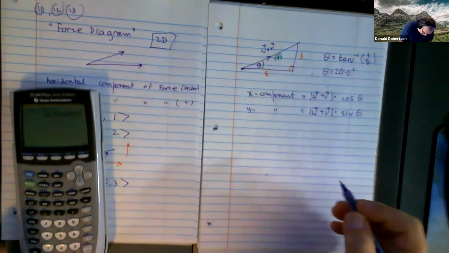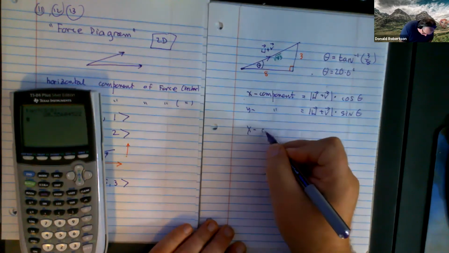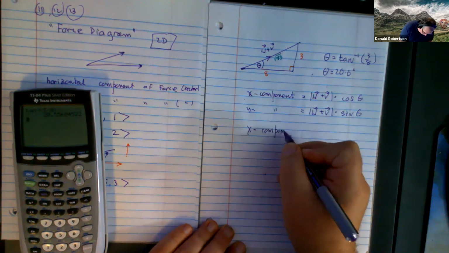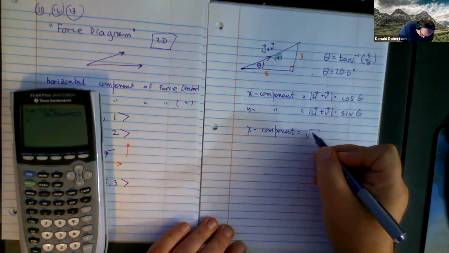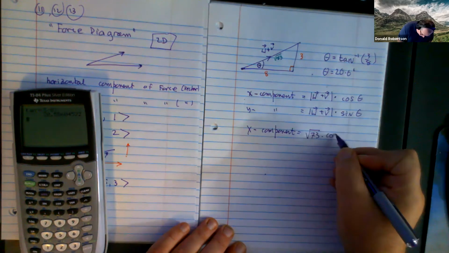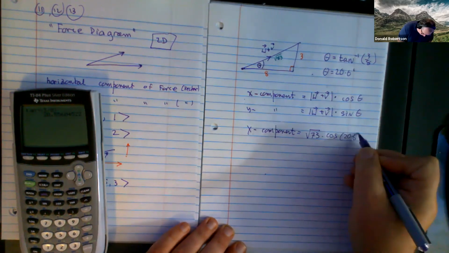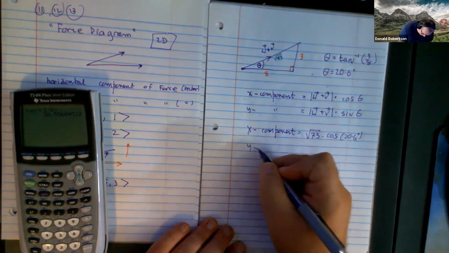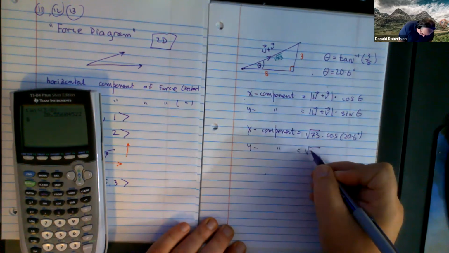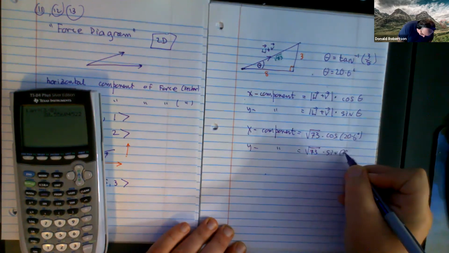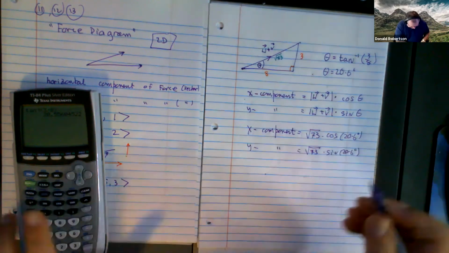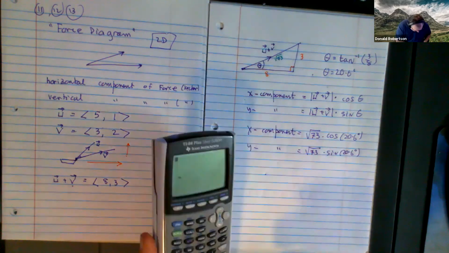So you want the x component. It's going to be square root of 73 times the cosine of 20.6 degrees. And if you want to know the y component, it's square root of 73 times the sine of 20.6 degrees. And that's just button pressing.